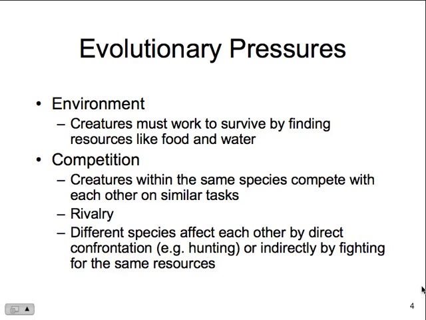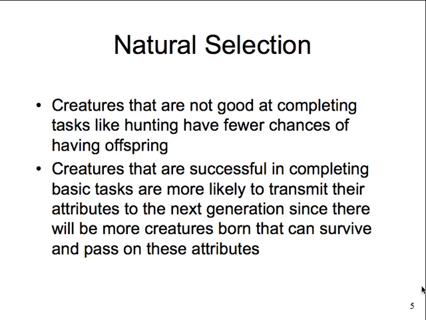We have different species that affect each other by direct confrontation, hunting, or indirectly by fighting for the same resource. They hunt each other out. In fact, that's what happens in regular schools when you have a curve system. Some people will give other people an F by knowing more, and they'll get an A, and the other people will fail because they might know more than the average, but they don't know as much as the best person in the class.